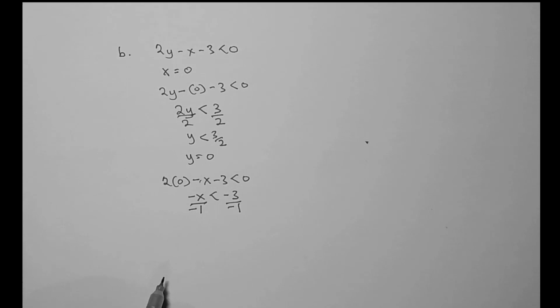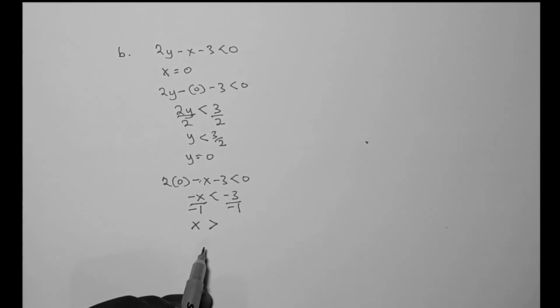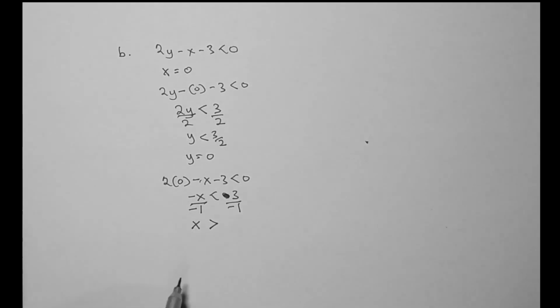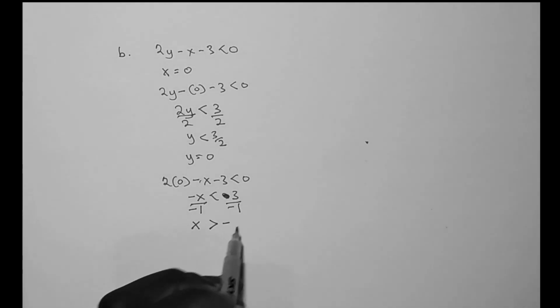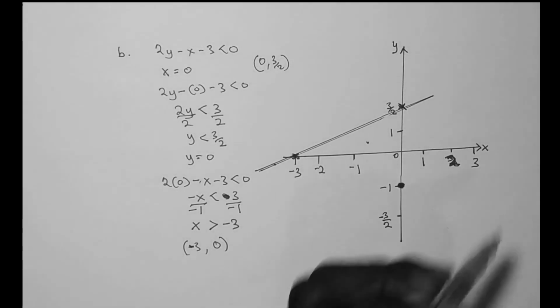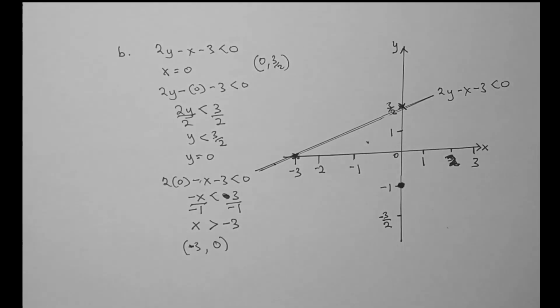But remember that anytime you divide an inequality by a negative number, or multiply by a negative number, you have to change the sign. And therefore x is greater than minus 3. So this is the line 2y minus x minus 3 is less than 0.